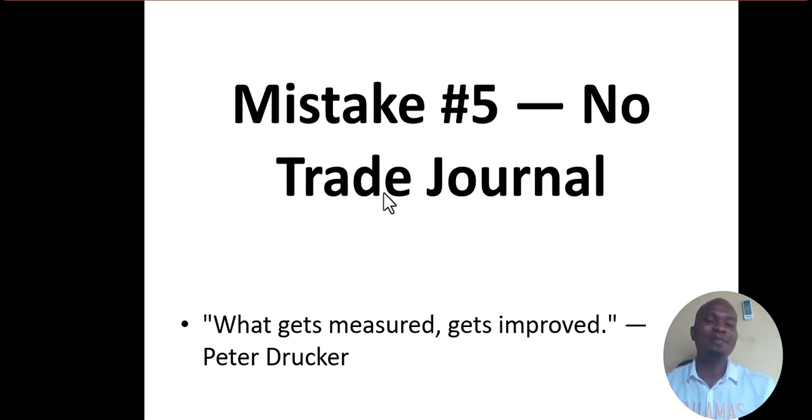The last but not the least here is no trading journal. What gets measured gets improved, by Peter Drucker. That is very, very true in trading, because trading, guys, is an action-based, performance-based business, and you just need to prove to yourself that you're able to follow a certain route, just like a pilot.